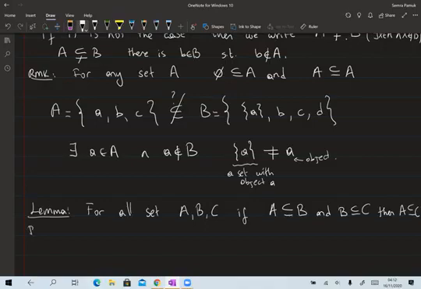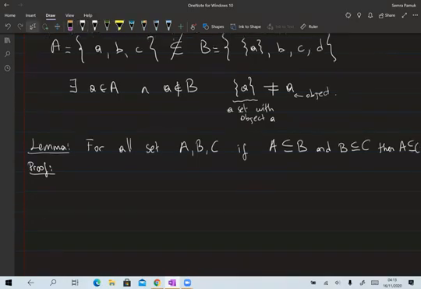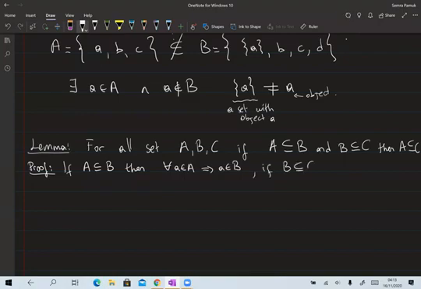Okay, so how am I going to prove this? Let me do a very trivial example, a direct proof. If A is a subset of B, then every a in A is in B, right? And if B is a subset of C, then every a in B is in C, right?